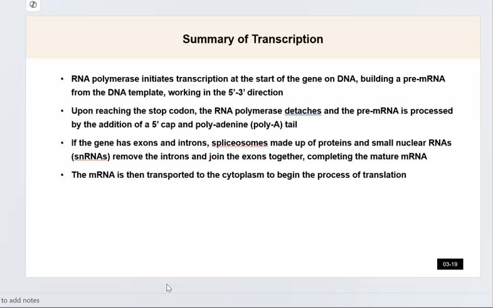If the gene has exons and introns, spliceosomes made up of proteins and small nuclear RNAs remove the introns and join the exons together, which completes the mature mRNA, making it more stable in the cytoplasm. The mRNA is then translated in the cytoplasm to begin the process of translation.